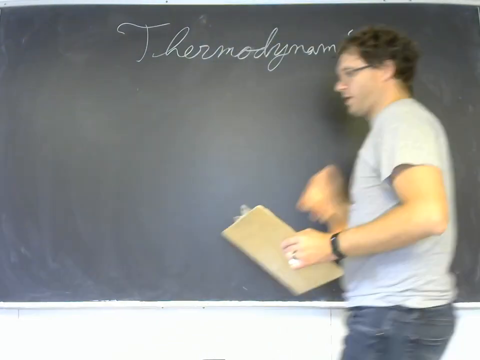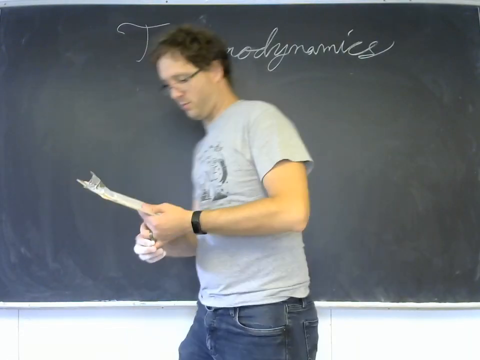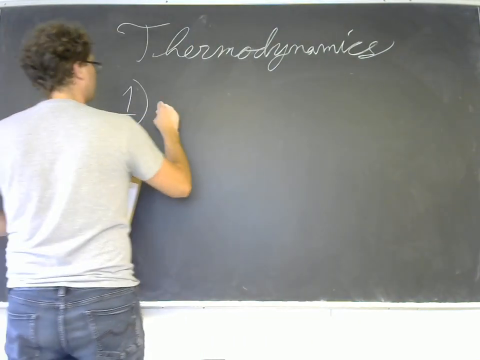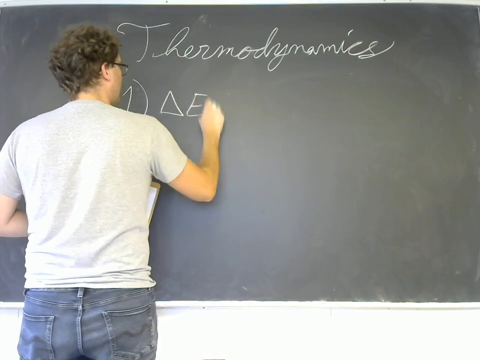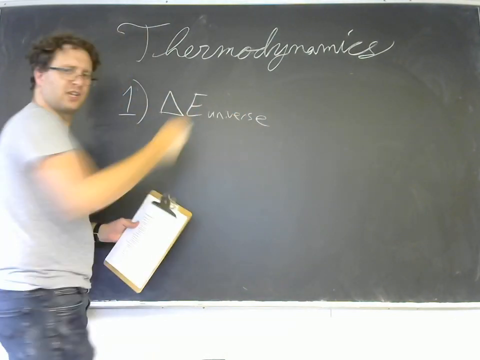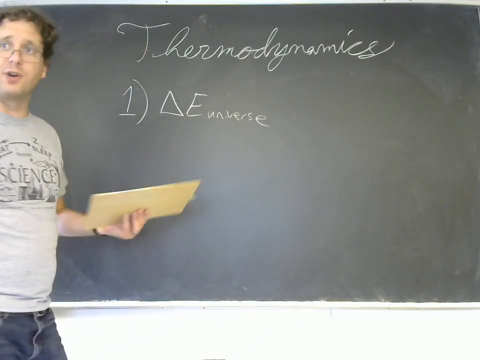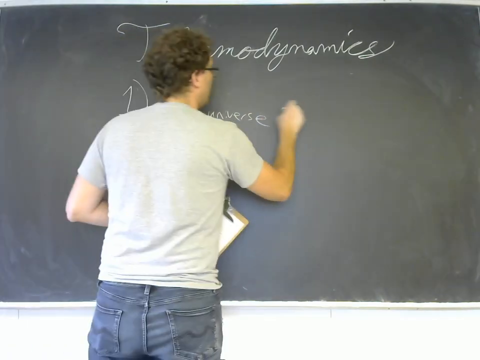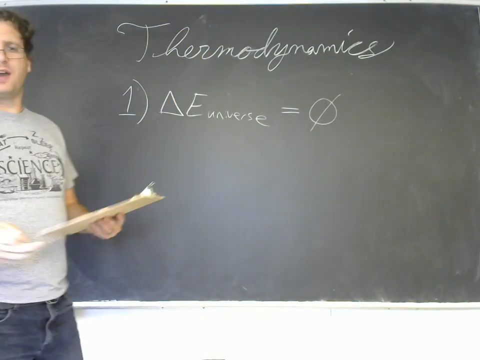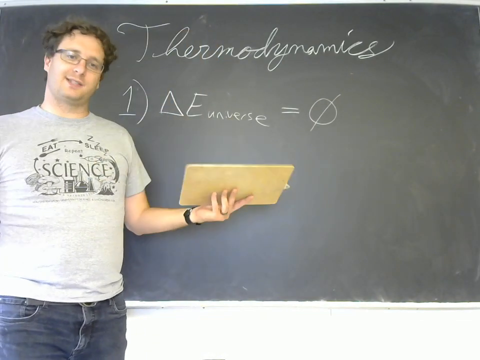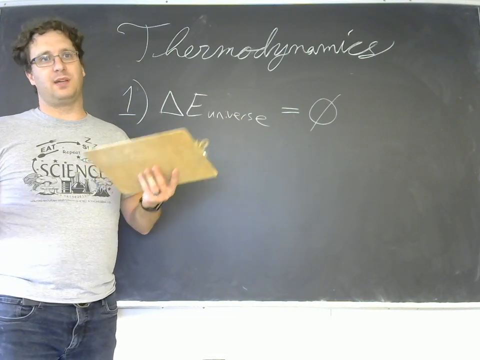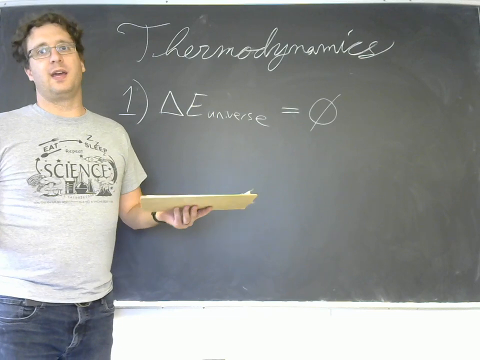Well, there are three laws of chemical thermodynamics. And the first law says that the change in the total energy for the universe for any process is equal to 0. In other words, energy cannot be spontaneously created from nowhere, and energy cannot be eliminated or destroyed into nothingness.